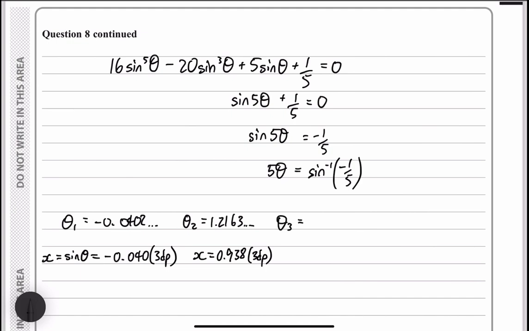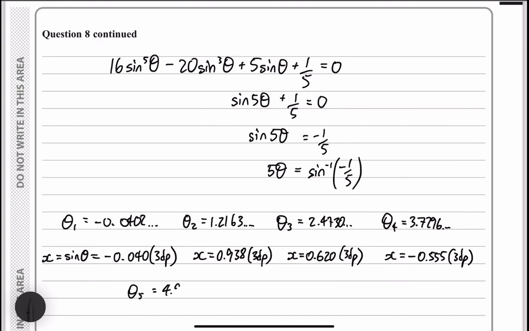Next one, 2.4730... giving the answer 0.620, 3 decimal places. I'm not going to get them all on this line. Do theta 5 down here. 3.7296, minus 0.555, 4.9862.